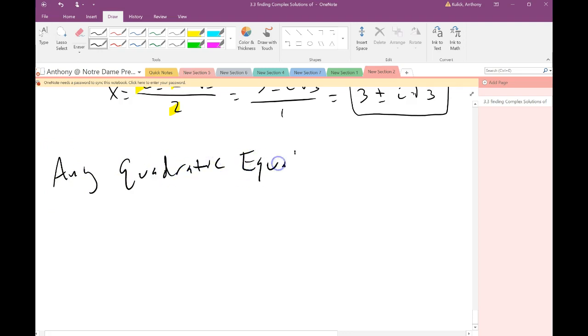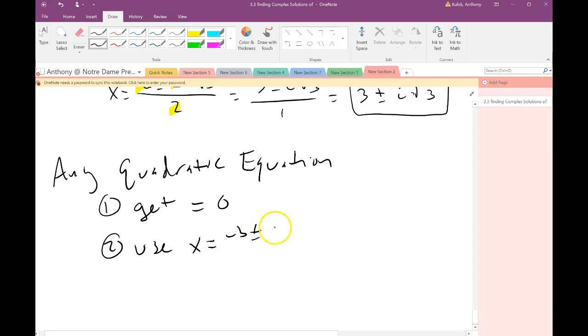Preferred method: get the equation equal to 0, and then we'll use the quadratic formula. And we're done.